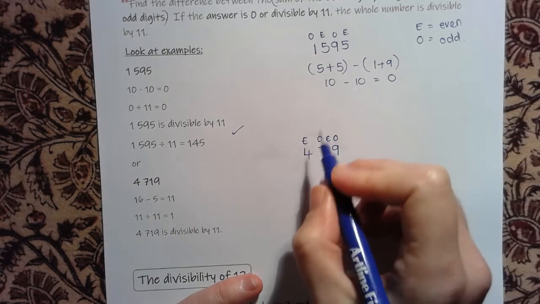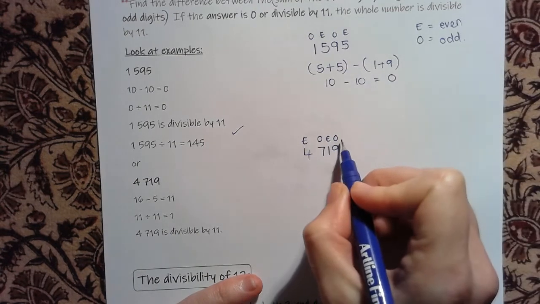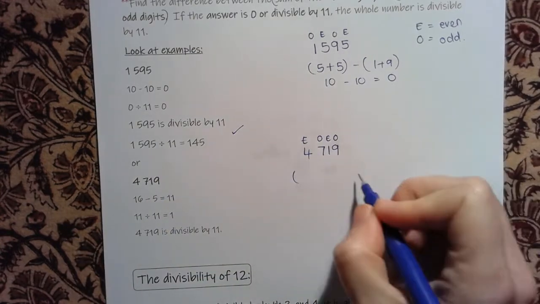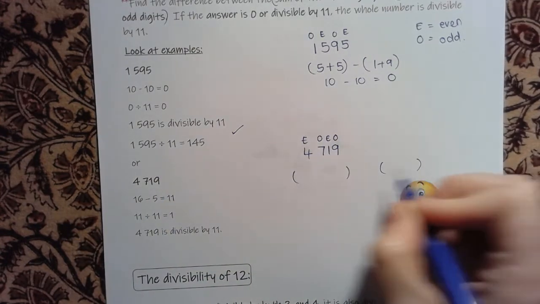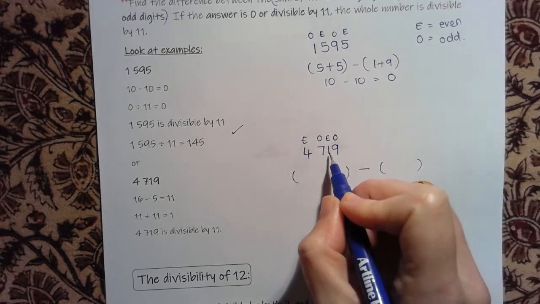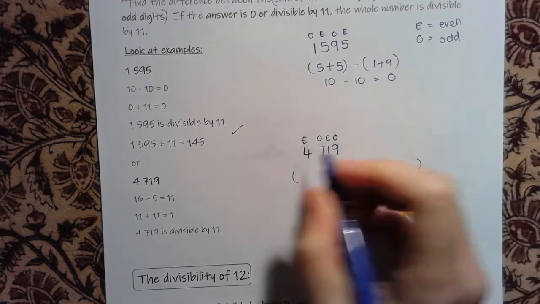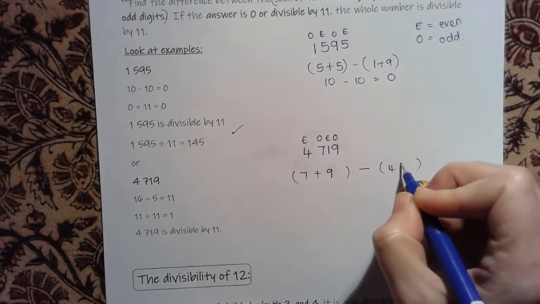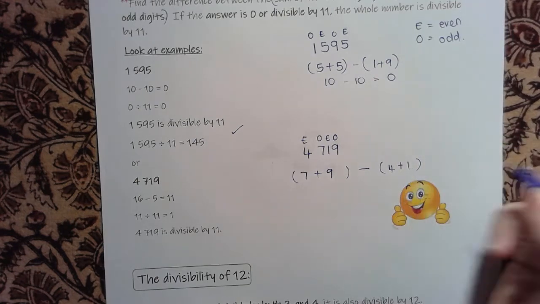So what you do is you take the even ones and you take the odd ones and you add them first and then you subtract them. But remember, we need to put the big numbers in the front when we minus, okay? So here is 4 and 1, which will make 5, and 7 and 9, which will make 16. So let's put the big ones in the front and the smaller numbers later on.